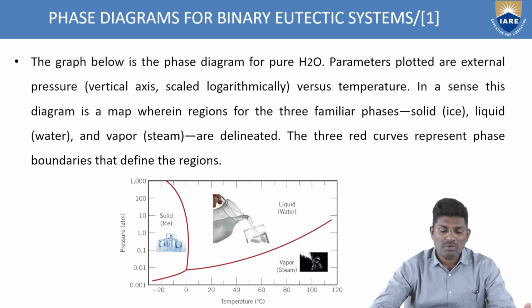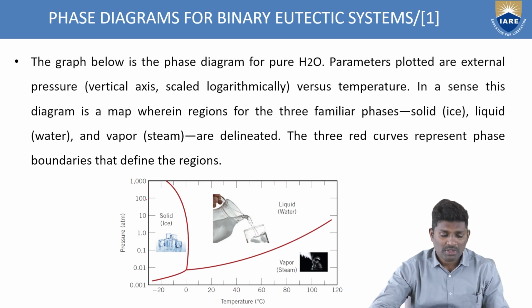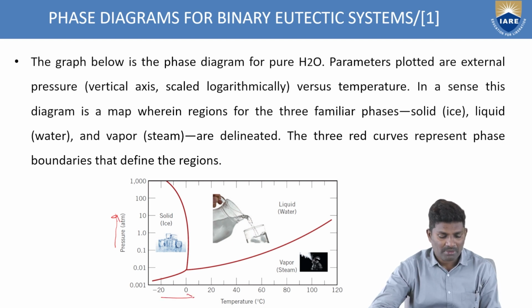We will consider H2O as pure water. From this pure water, we'll see how the phases transform from one phase to another with respect to temperature. Now, what are we doing here? We are plotting the x and y axes. Along the y axis you have the pressure, and along the x axis it is the temperature.